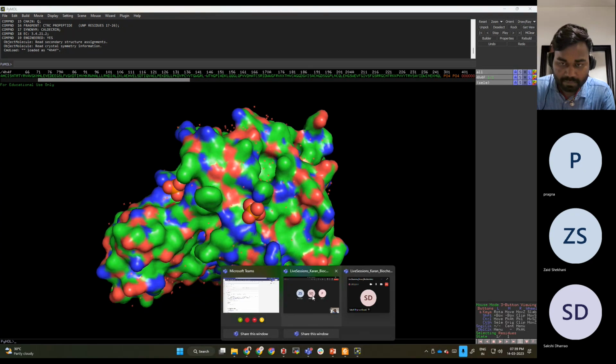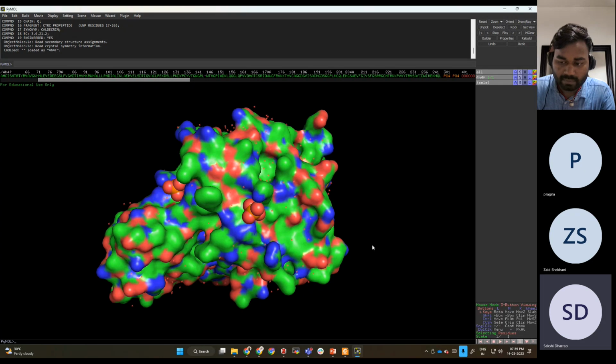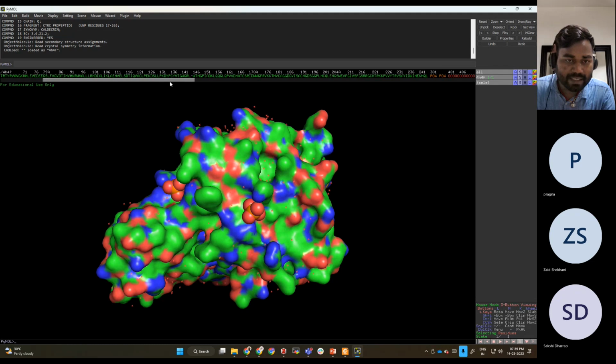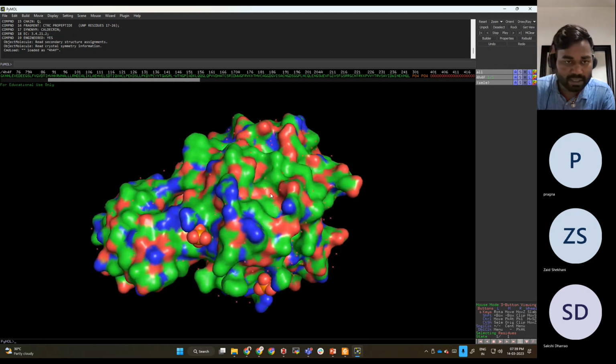Anyone? Sakshi? Yes, sir. So what was the binding active site? I will mark that and then you can visualize where it occurs. Which position of serine is the active site of chymotrypsin?